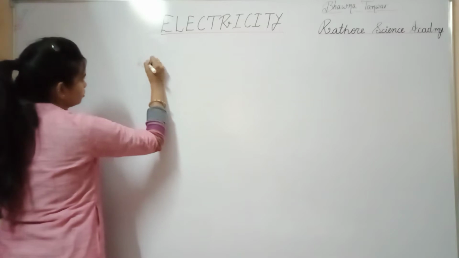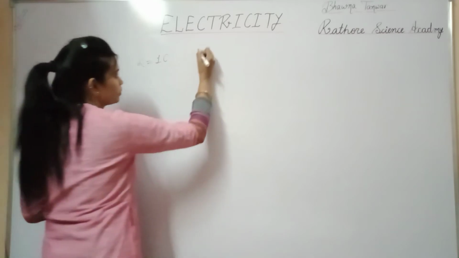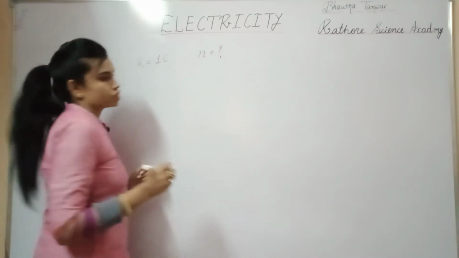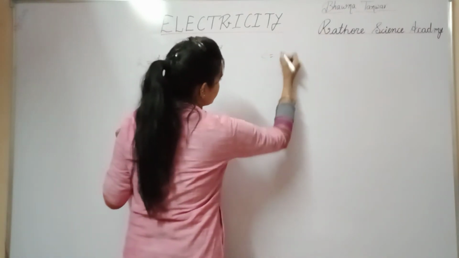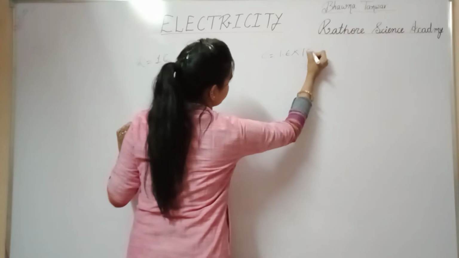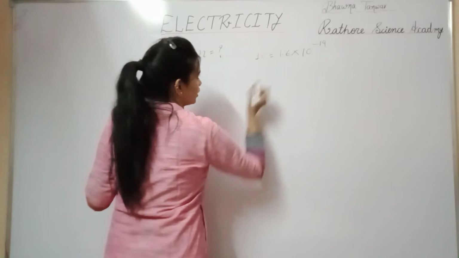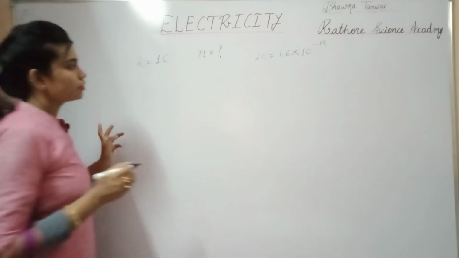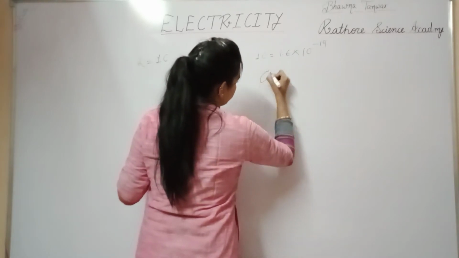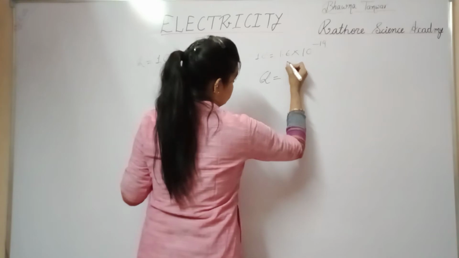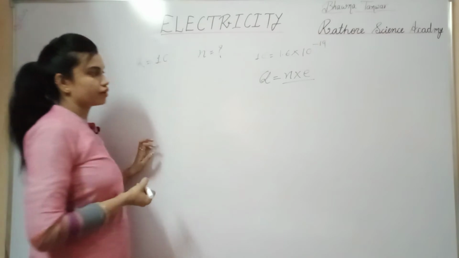As we know, 1 electron has a charge of 1.6 into 10 raised to the power minus 19. So for n number of electrons, the formula will be n into e.